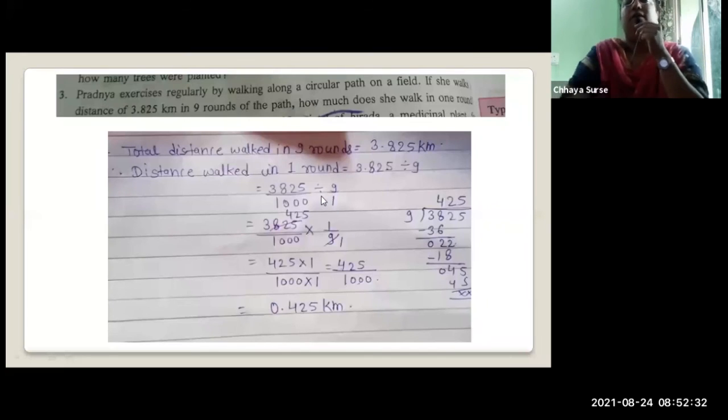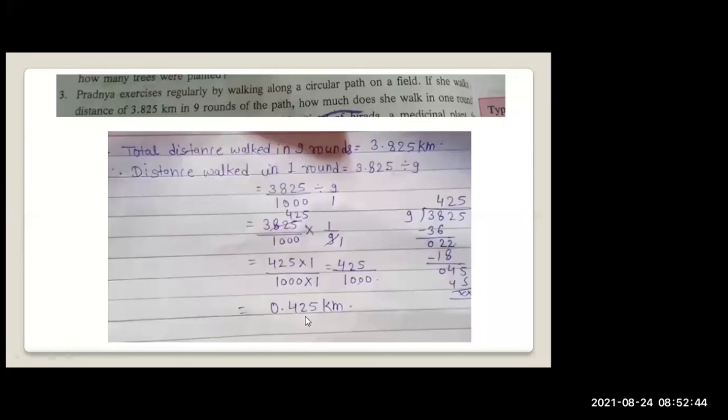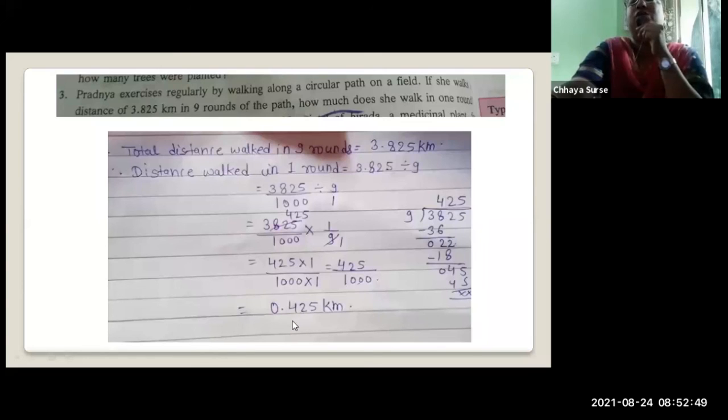Now we find the distance of 1 round. So the decimal point goes before the numbers. Now kilometer and meter. So this is the meter. Yes, right. 0.425 kilometer, and 425 in decimal point.